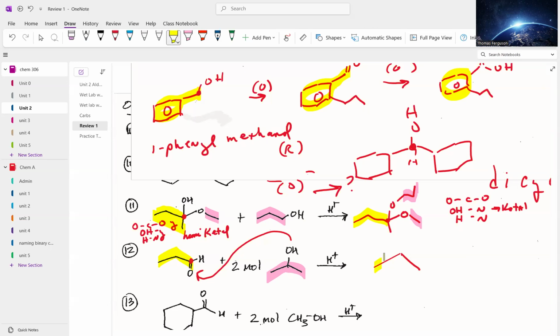And we're going to have a hydroxyl group plus the 3-carbon alcohol. Let me modify this slightly here.